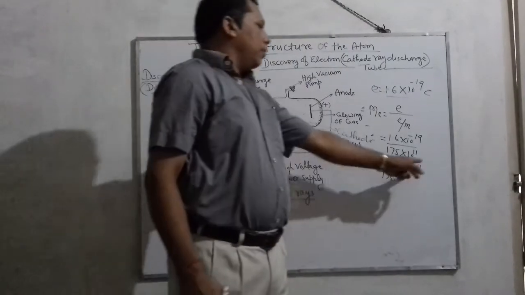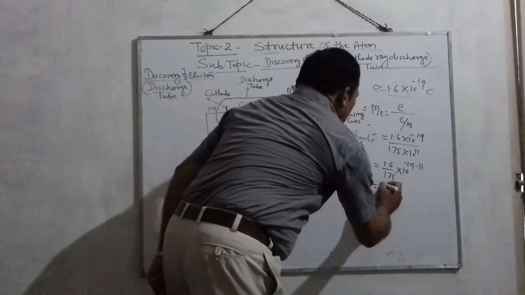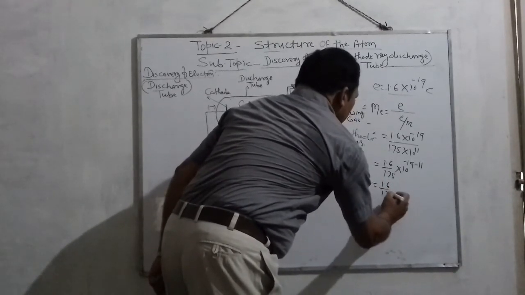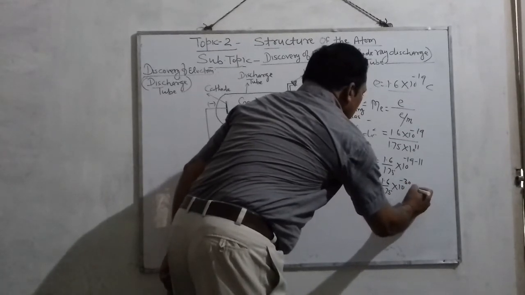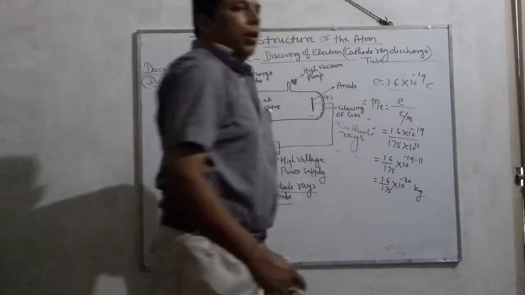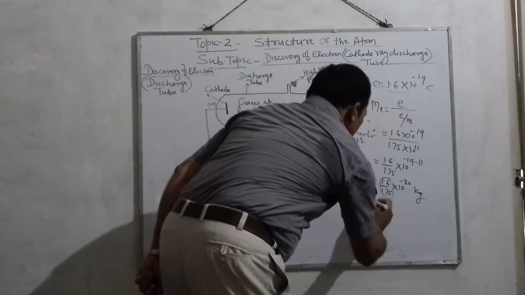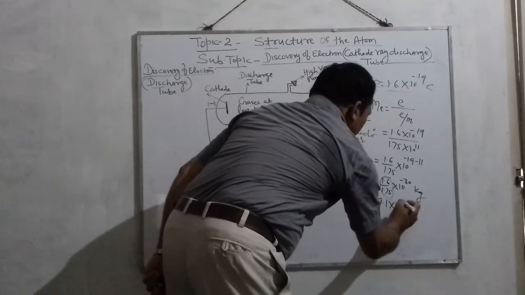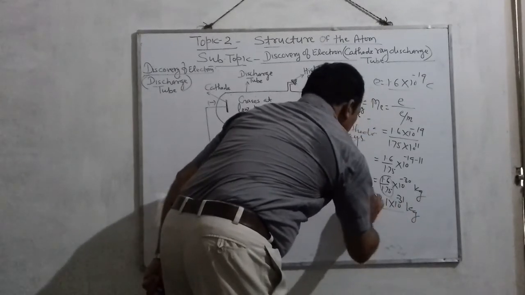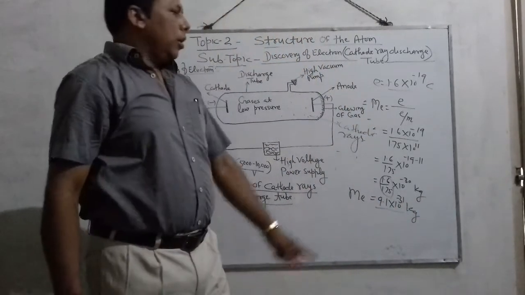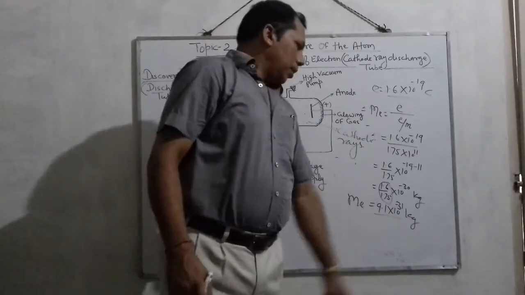So this becomes 1.6 by 1.75 into 10 to the power minus 30 kilogram. When you solve this, it comes nearly equal to 9.1 into 10 to the power minus 31 kilogram. So the mass of the electron is found using this formula.